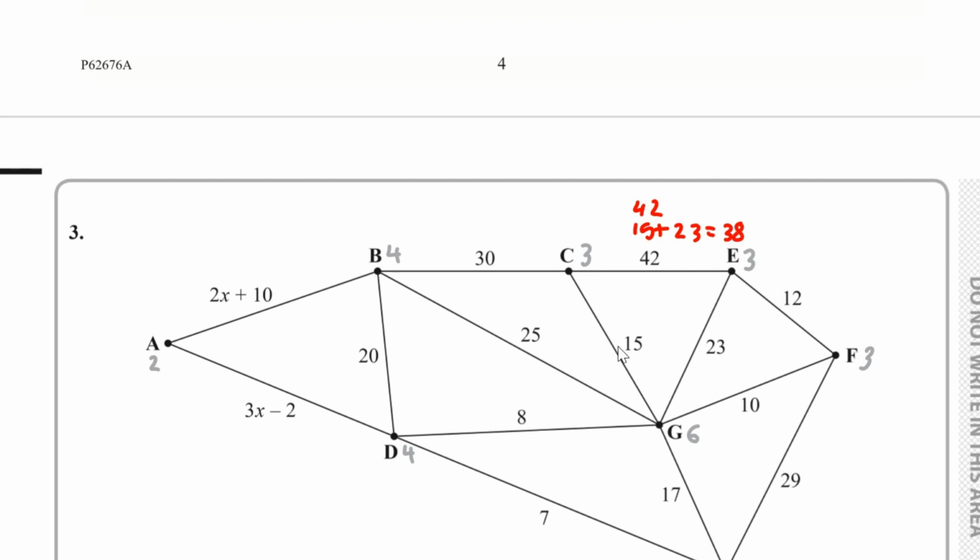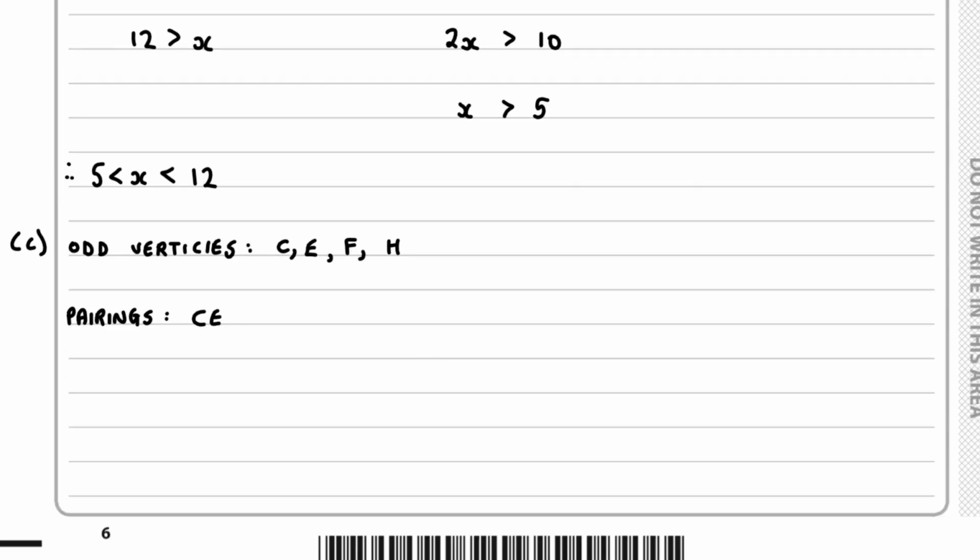And then here we've got 15 plus the GF, so we're adding on 10. And then we add on the 12, so that's 37. So one other way we could have gone there is 15 plus 10 plus 12, which is 37. So CE, that's 37.